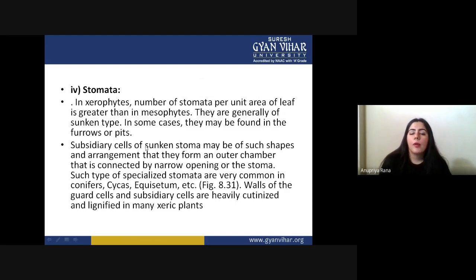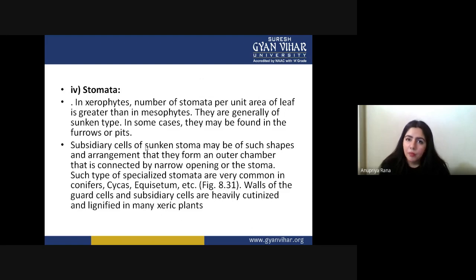Now, the number of stomata per unit area of leaf is greater than in mesophytes. There are so many stomata you can see here, but they are generally of the sunken type. The number of stomata is high, but the type is sunken. A sunken stoma is one whose pore is very small.